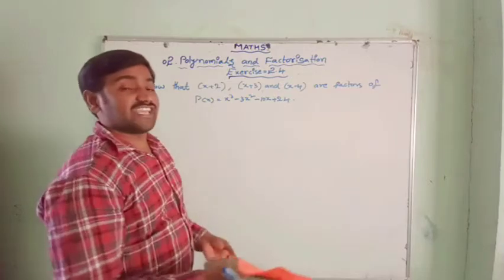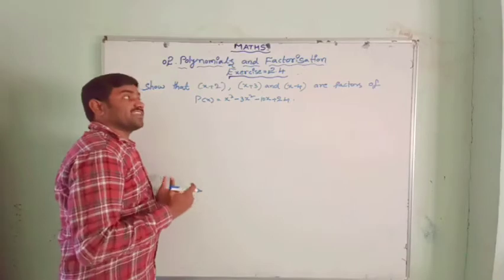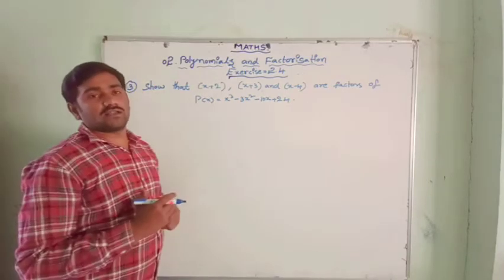You have to listen to this because the third and fourth questions will be very similar. So we have to check whether x plus 2, x plus 3 and x minus 4 are factors of this polynomial or not. Simple.